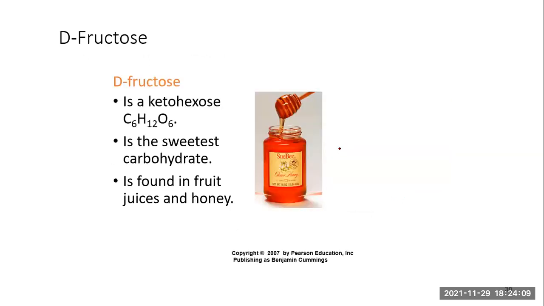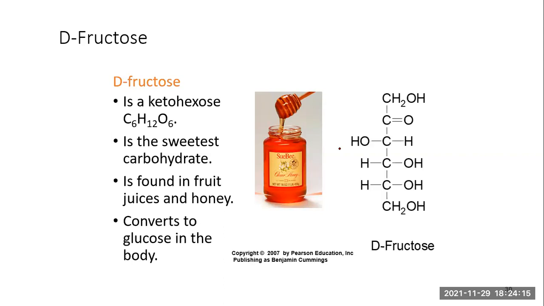D-fructose, we saw earlier, also has pretty much the exact same molecular formula as glucose, C6H12O6. Again, though, it is different from glucose; the major difference is it has that ketone, or keto, group right there.